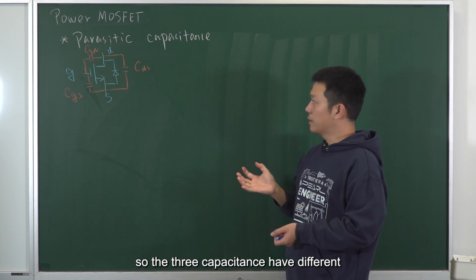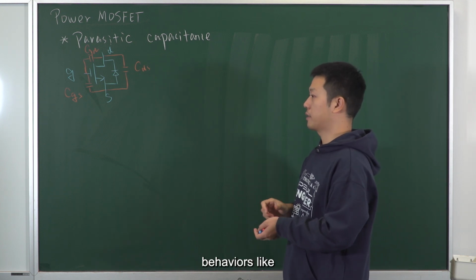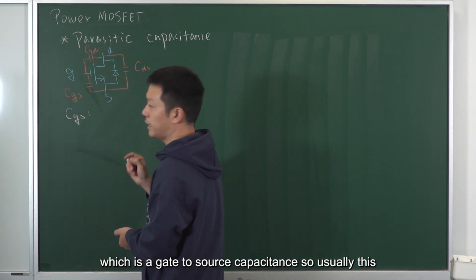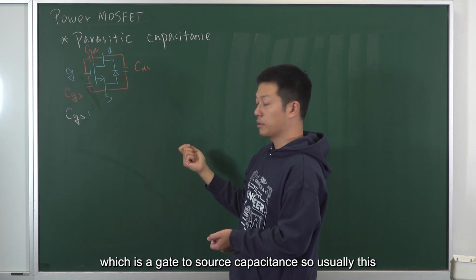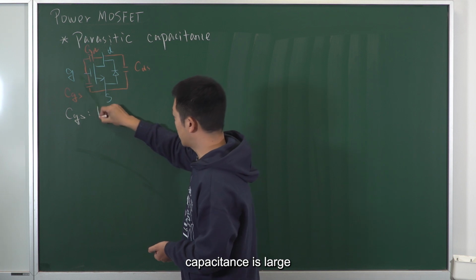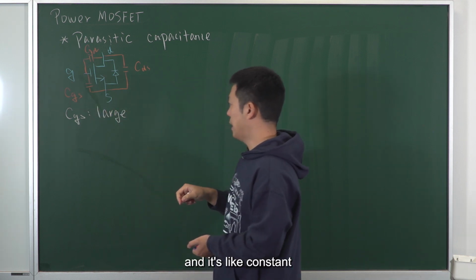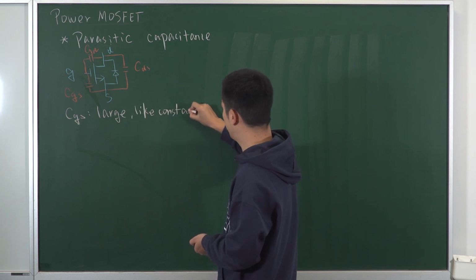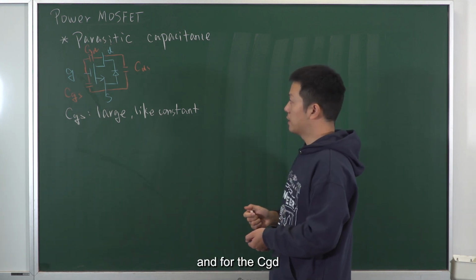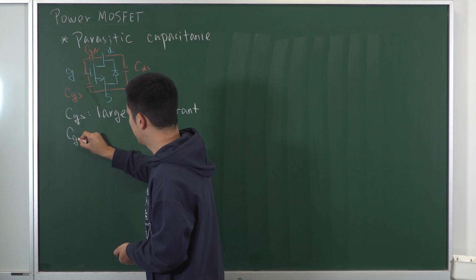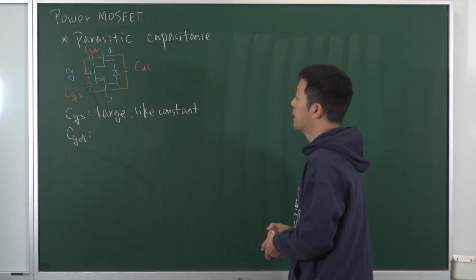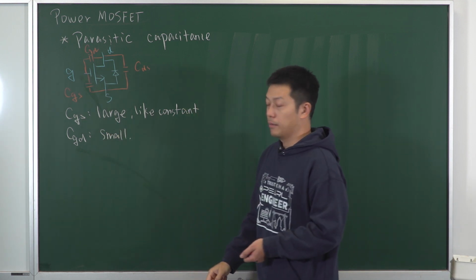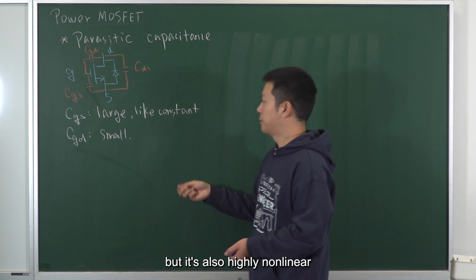So the three capacitances have different behaviors. First, for CGS, which is the gate to source capacitance, usually this capacitance is large, and it's like constant. And for the CGD, this one is small, but it's also highly nonlinear.